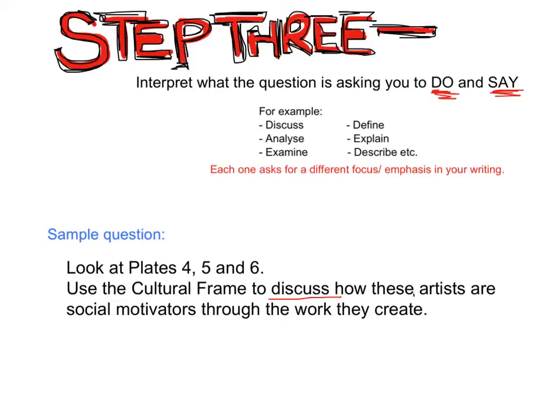Discuss means to identify issues and provide points for and or against.